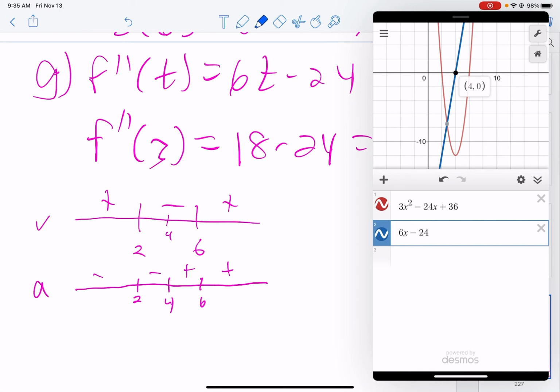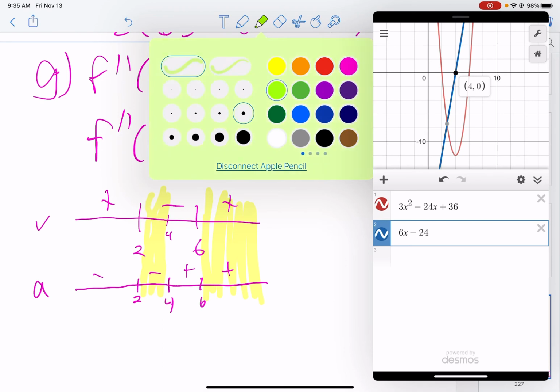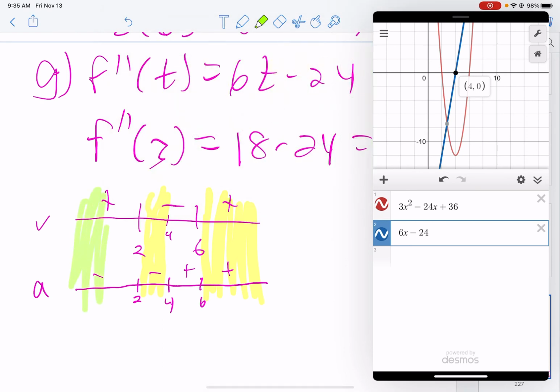So let's look, I'm going to highlight in yellow the places where the signs match. Between here and here, they are both negative, and from here to here, they are both positive. And then I'll highlight in green where they are different. In the green region, our signs are different, so it's going to be slowing down. In the yellow sections, they are the same sign, so it is going to be speeding up.